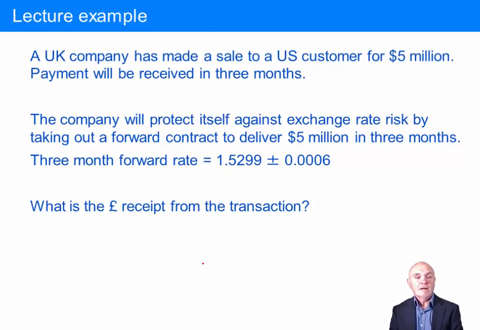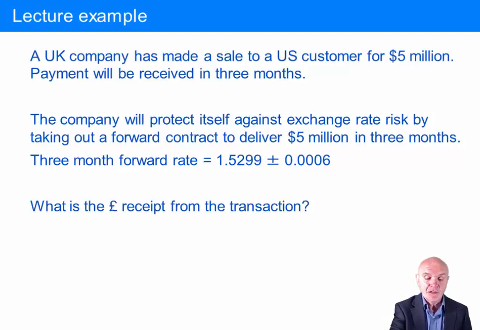So here we have an example. The UK company has made a sale to a US company for $5 million. Payment will be received in 3 months. It wants to protect itself against exchange rate movements by taking out a forward contract to deliver $5 million in 3 months, and the 3-month rate is going to be that.